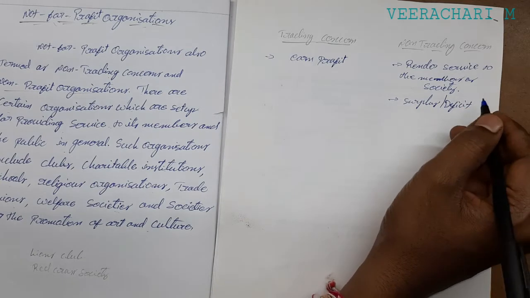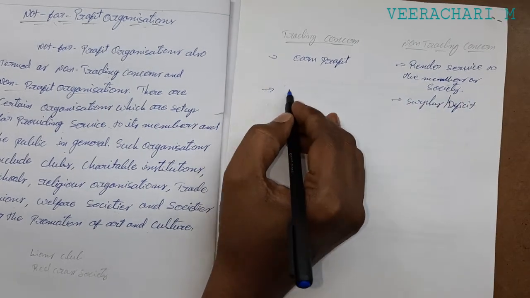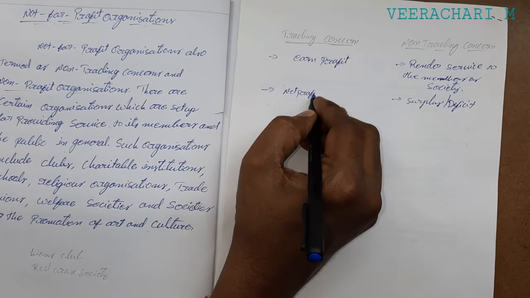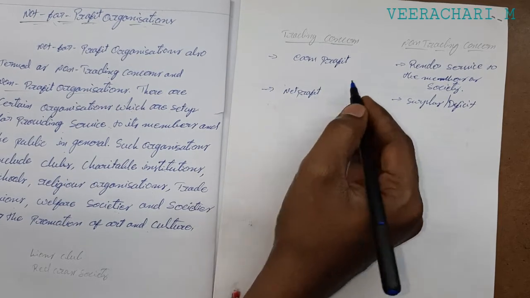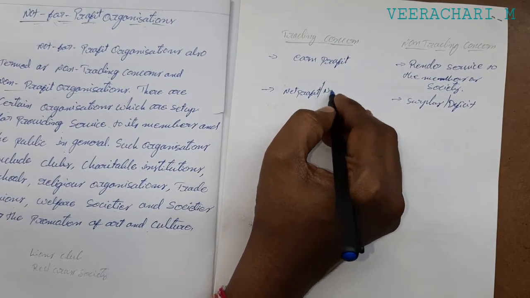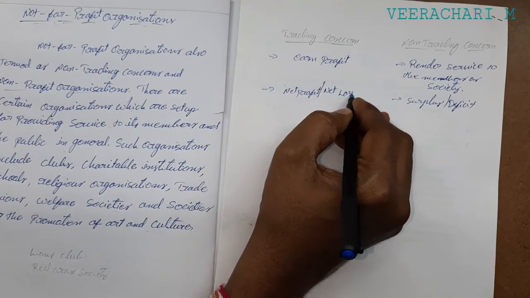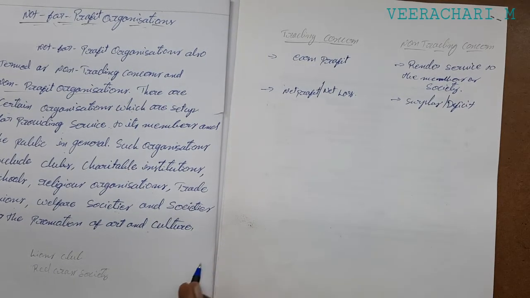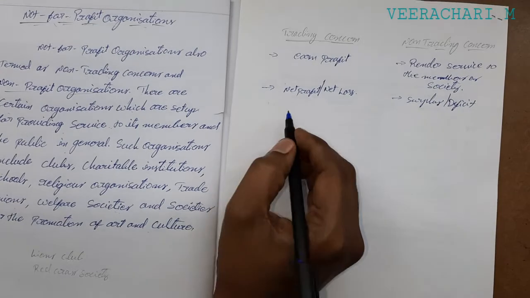But in a trading concern business, after preparing the profit and loss account, we get net profit or net loss. That is one of the differences between trading and non-trading concerns.